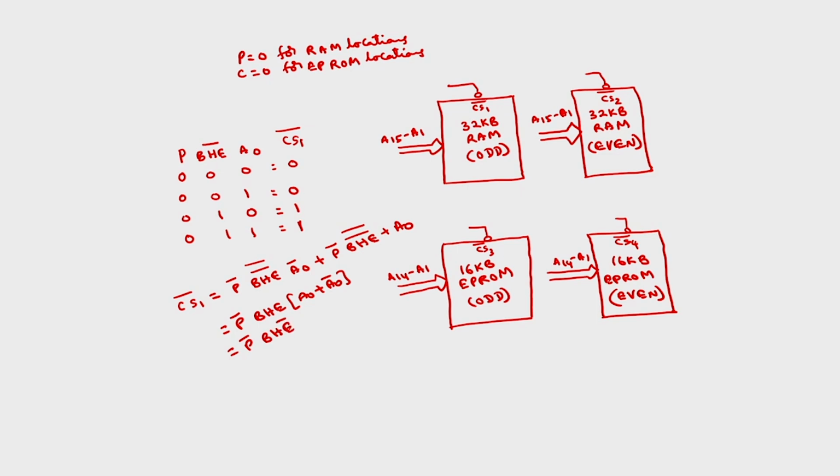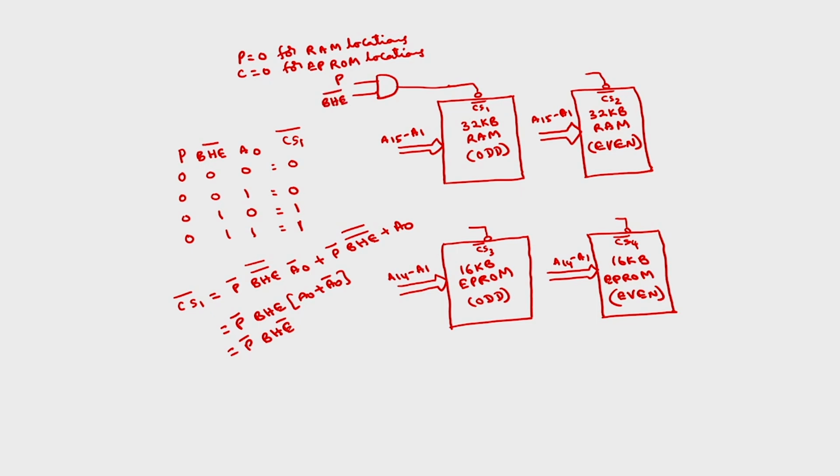So what will be the chip select of this one? P and BHE signals you have to connect to this. When both are zeros only, output should be 0. So what should be the gate? AND gate. This is P and BHE bar.